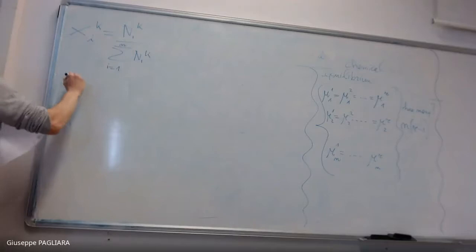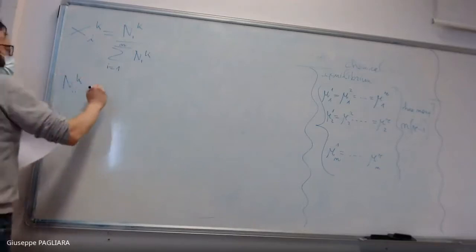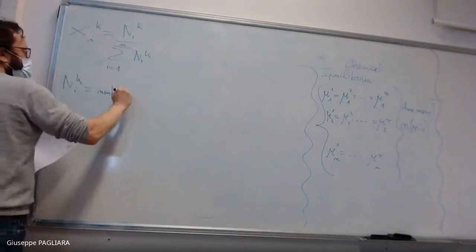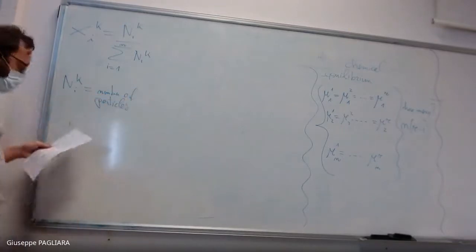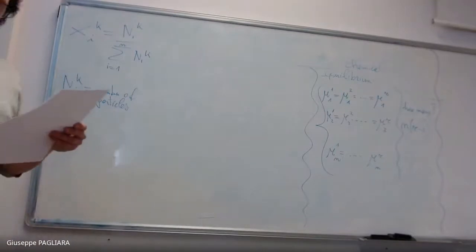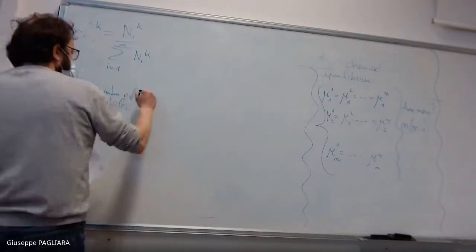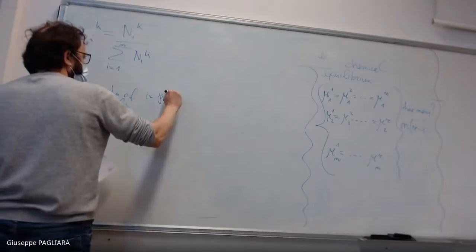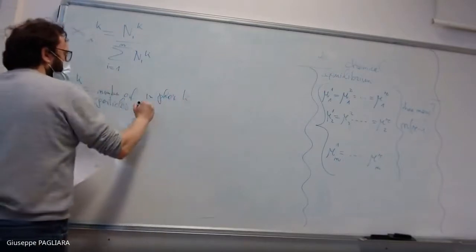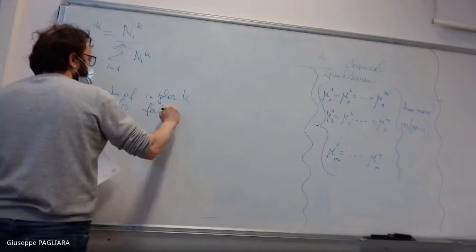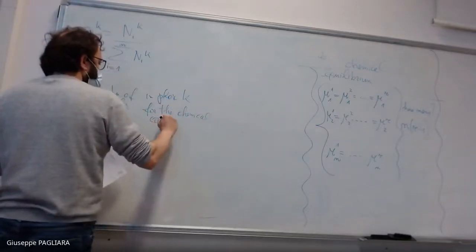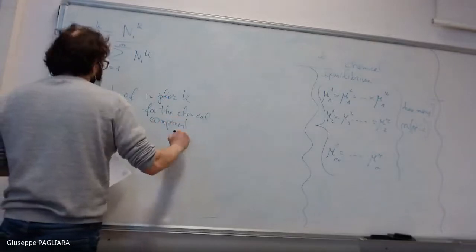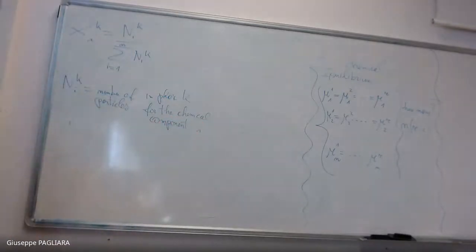What is n_i^k? It is the number of particles in phase k for the chemical component i. So the lower index is for the chemical component, the upper index is for the phase.